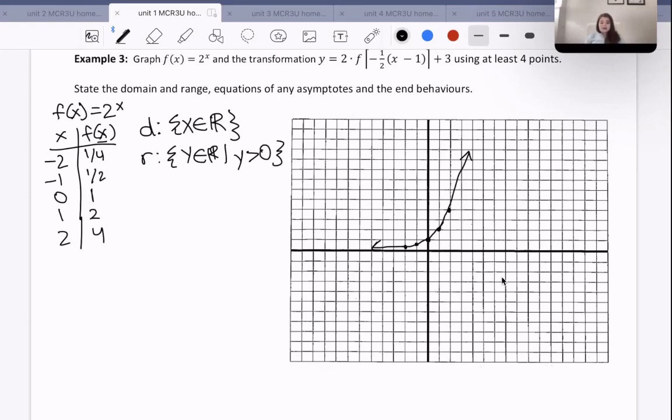So what is an asymptote? Let's remind ourselves. An asymptote is a line that the graph approaches but doesn't actually touch. So for example here, the asymptote for the parent function is y equals 0, that's right. Now, why is it y equals 0? Well, y equals 0 is this line here.